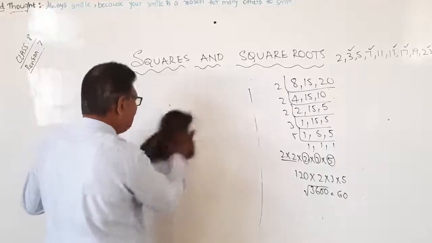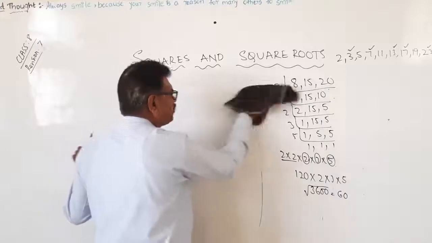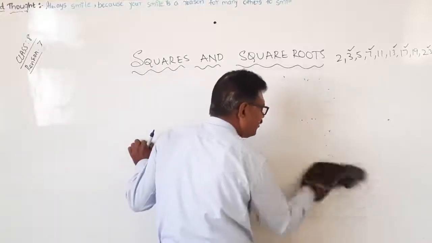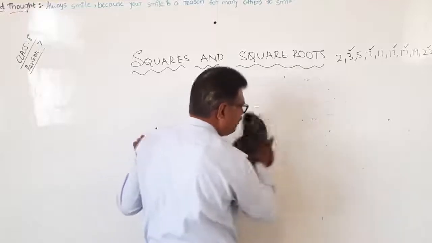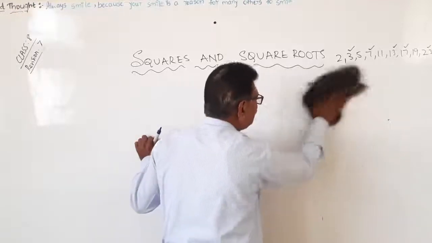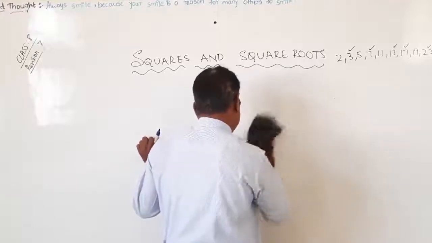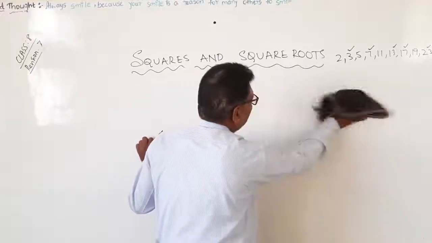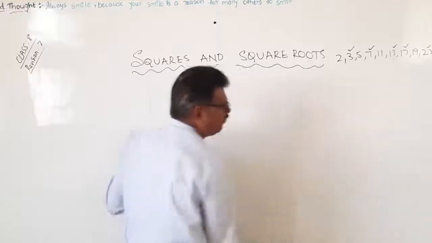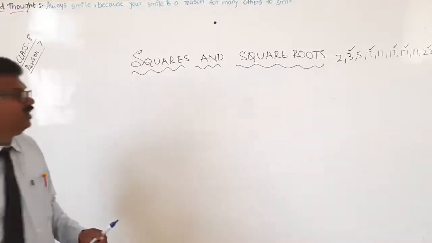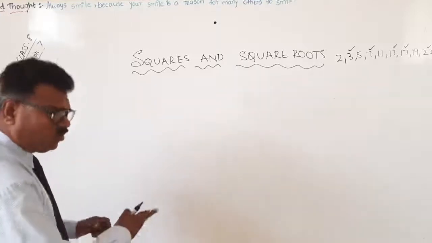Now, actually, I should have told this before, but I forgot. Now I will tell. Finding the square root by repeated subtraction. Very, very simple. It is easy also, but you should know repeated subtraction. Why repeated subtraction? When you add odd numbers, you will get a perfect square. So like that we should subtract only odd numbers.